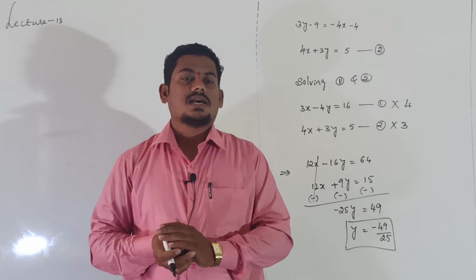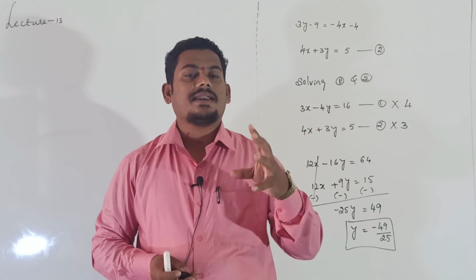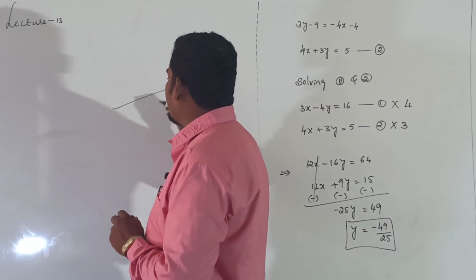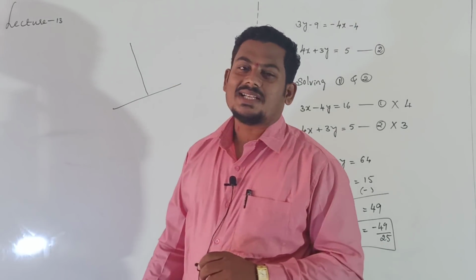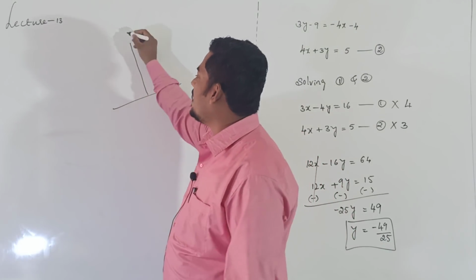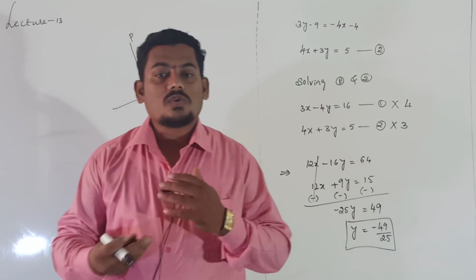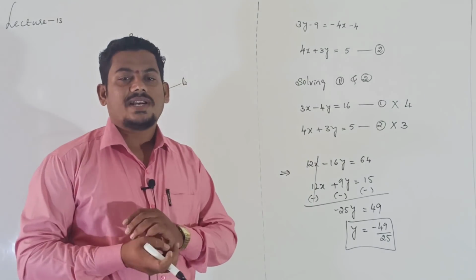We will discuss how to find the distance between a line and a point, one straight line and one point. For example, one line is given and one point. Perpendicular distance or distance between point and line. This is the point and this is the line. How to find the distance between point and line? We have one derivation, right?